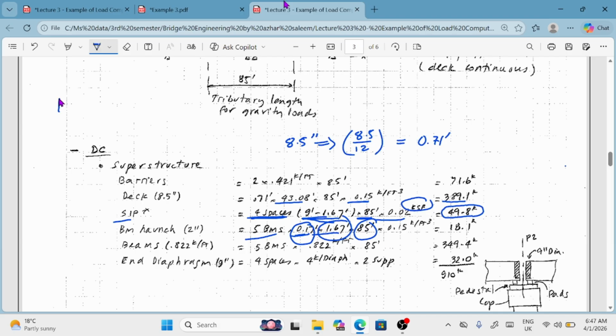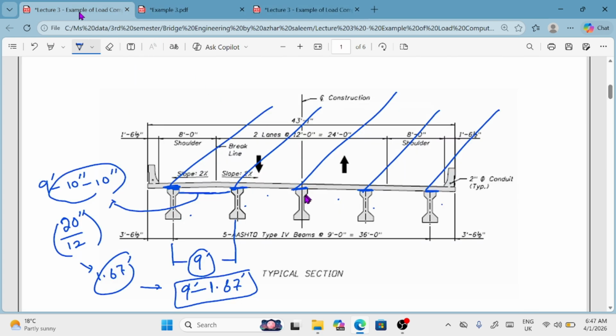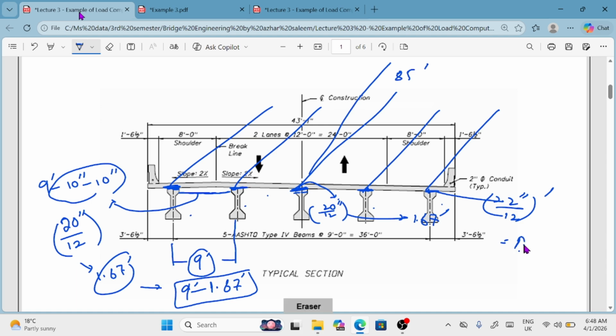So this is a beam haunch at the top of the beam, and its width will be like the beam. Its width will be 10 from this side and 10 from this side. This will be 20, its width 20 inches. Okay, 20 divided by 12, it will become 1.67 feet, and the length will be 85 feet, and its thickness, its height is 2 inches. 2 divided by 12, it will become 0.17 feet.